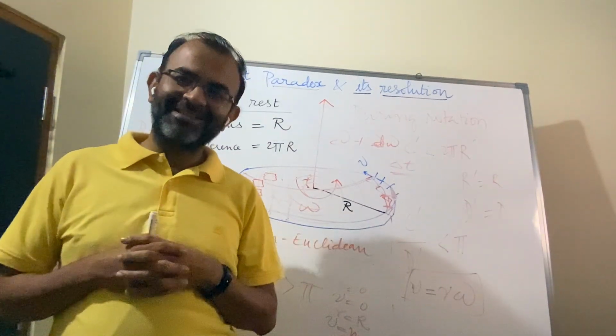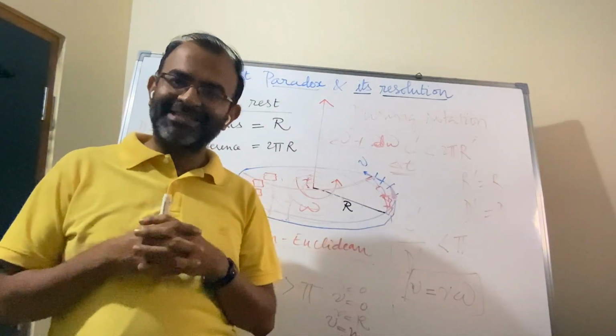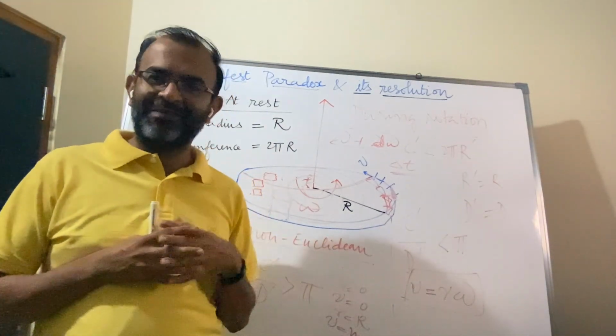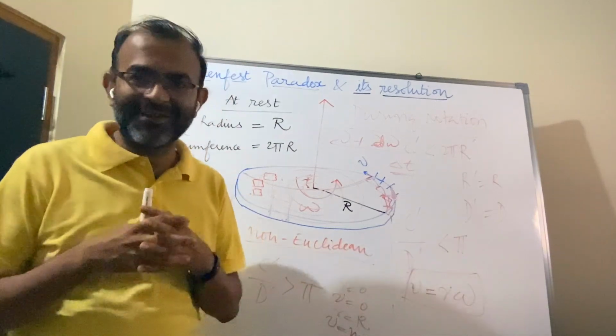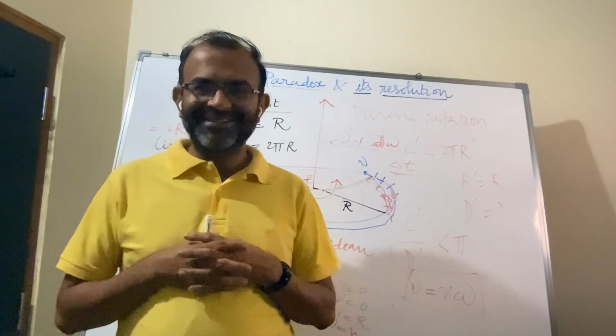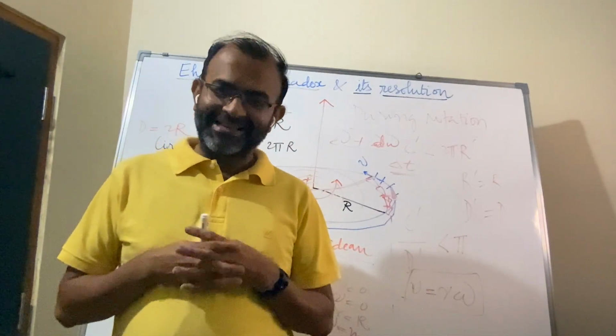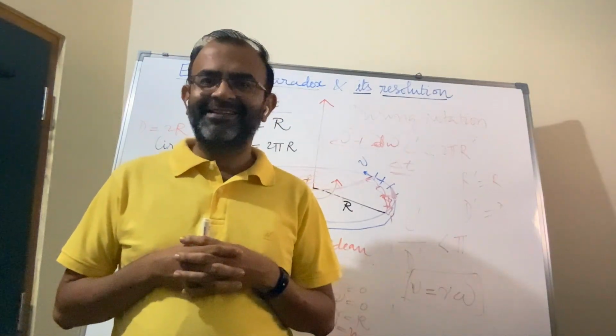So that confirms that Einstein was right about the resolution of this paradox. The geometry of this problem of a rotating disk is in fact non-Euclidean. That brings us to the conclusion of this video. Hope it answered some of the questions that you yourself had on the Ehrenfest paradox.